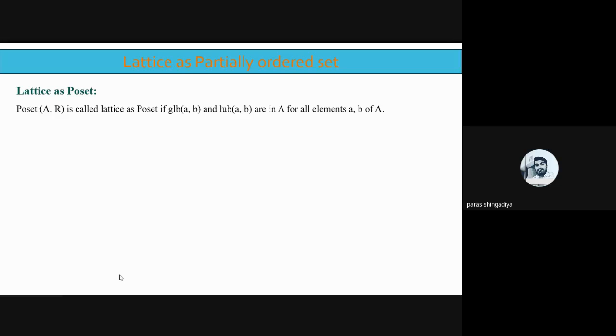Is there any doubt in this topic to anyone? Yes, is it clear, is there any doubt? Remaining students, is there any problem, any question?